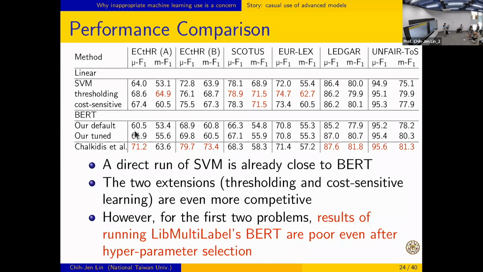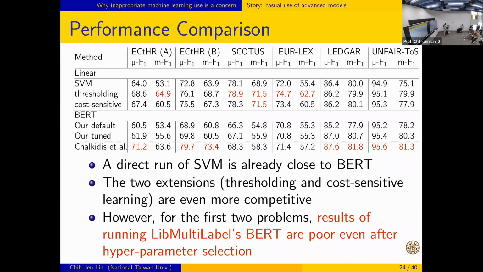This is very bad. I get 61 after hyperparameter selection, but this is a lot worse than their BERT and also worse than the direct run of linear SVM. And the same for the second data set. I get 69 here. This is 10% lower than their BERT, and even 3% lower than a simple run of linear SVM. So we can see that results of running our package's BERT are quite poor, even after hyperparameter selection.